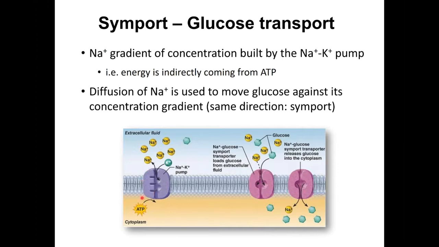So in this case too, indirectly, the energy is coming from ATP through another pump, but it's still coming from ATP. The only difference is that it doesn't come directly, so this movement is referred to as a secondary active transport.